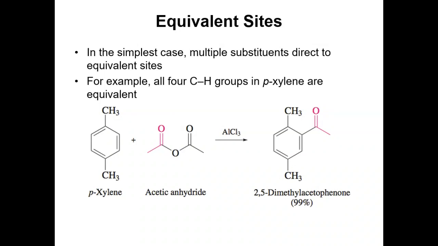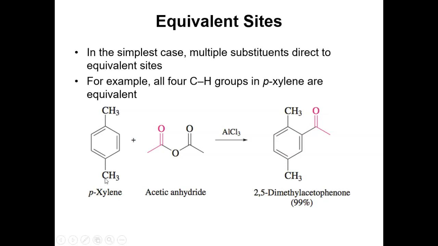Okay. Now, in some simplest cases, even if there are multiple substituents on the aromatic ring, all the potential aromatic sites are actually equivalent, like the one we have seen here, para-xylene, basically para-dimethylbenzene.